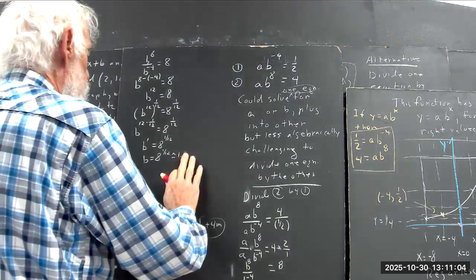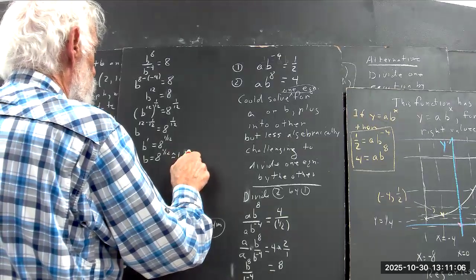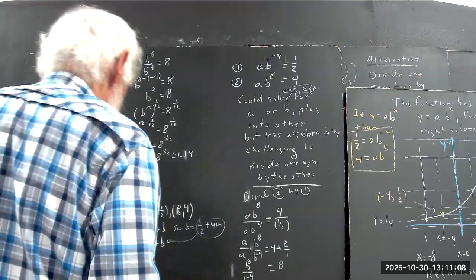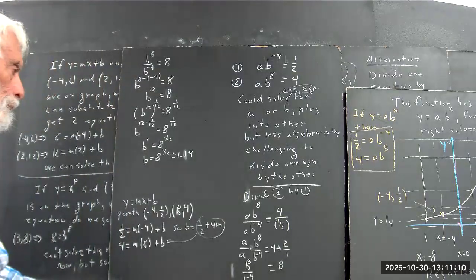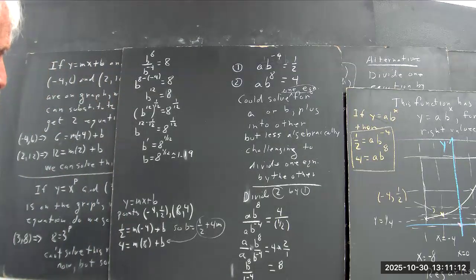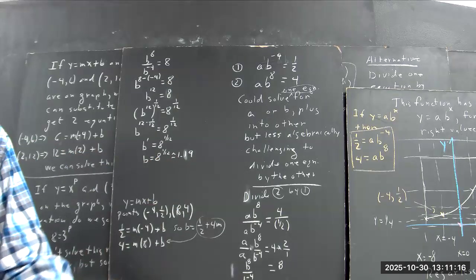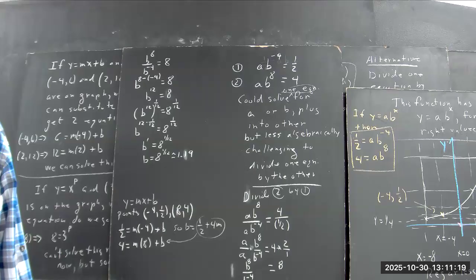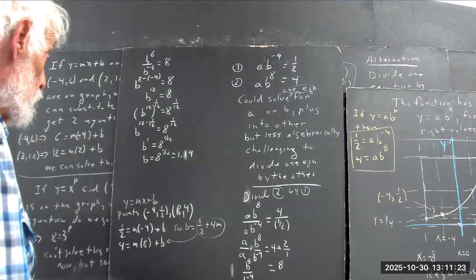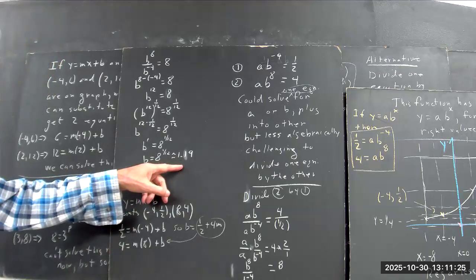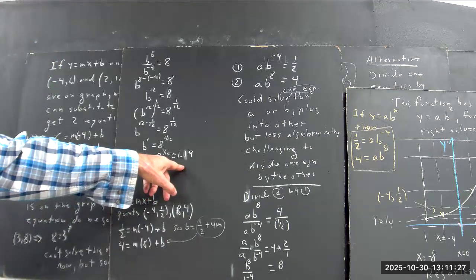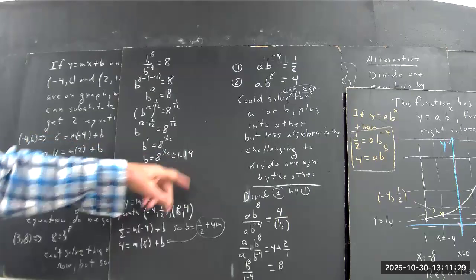I'm going to say 1.18 or 1.19. I'll say 1.19. Now let's assume that's correct. You can take your calculator and figure out whether it's correct or not. Yeah, if you want to do that, go ahead. I don't think it's much less than 1.18. I know it's less than 1.2.